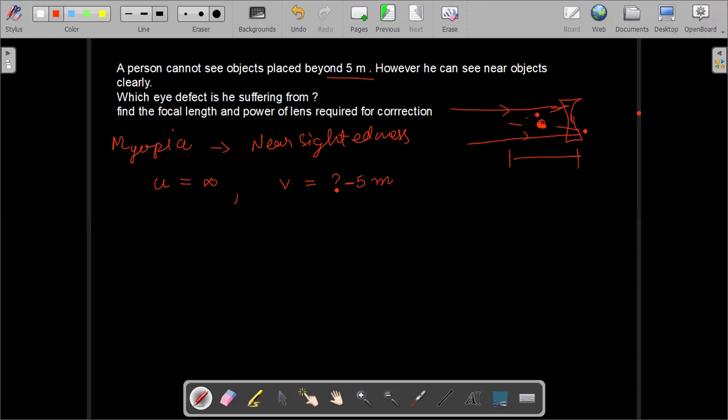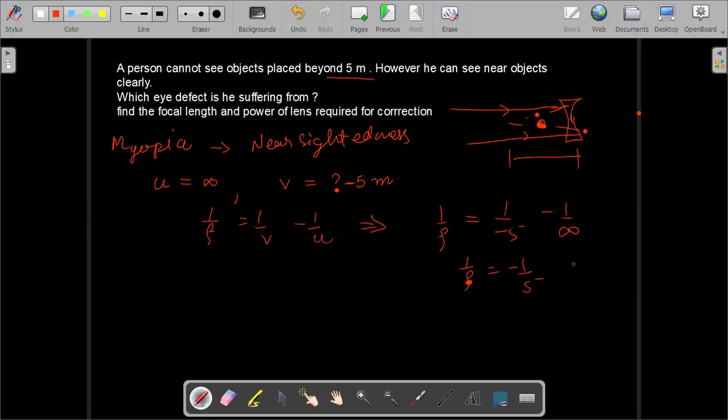Now we can use the formula 1 by f equals 1 by v minus 1 by u. So we have 1 by f equals 1 by -5 minus 1 by infinity. 1 by infinity is 0 and hence we have 1 by f equals minus 1 by 5.